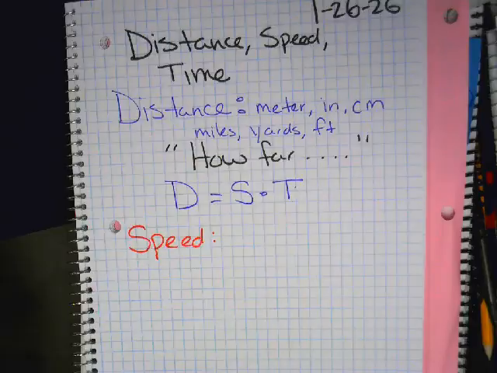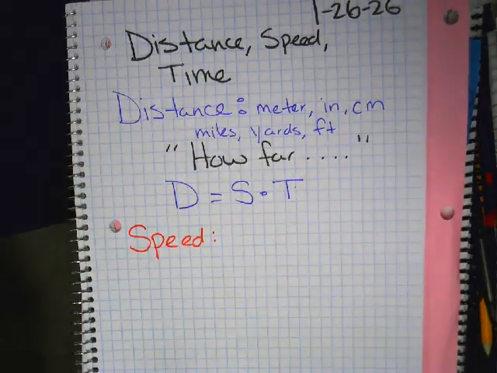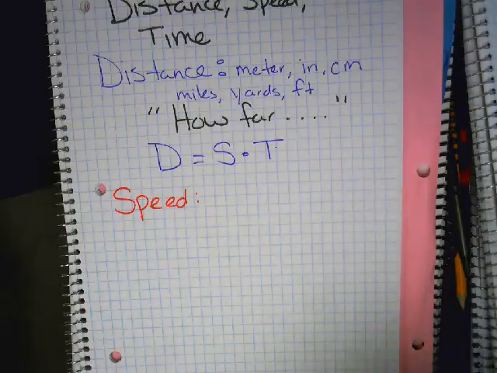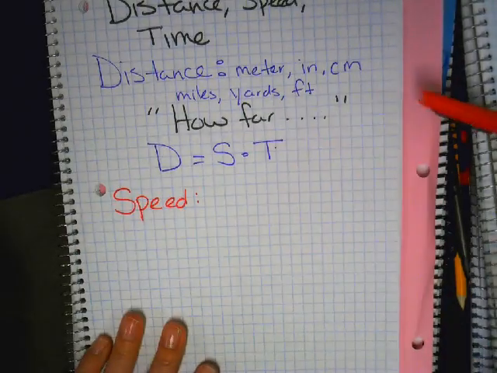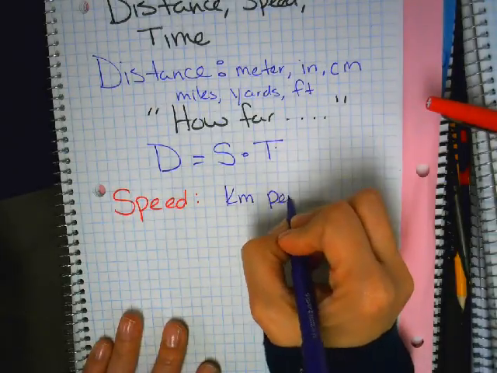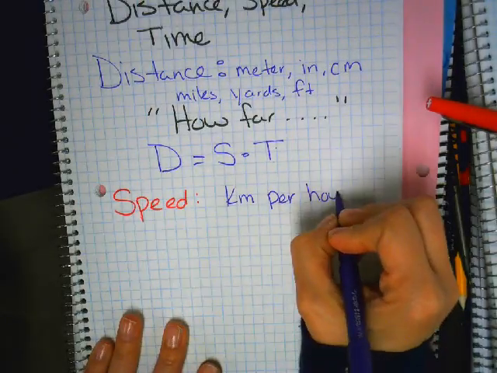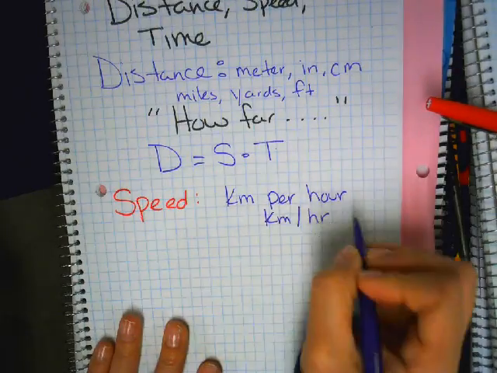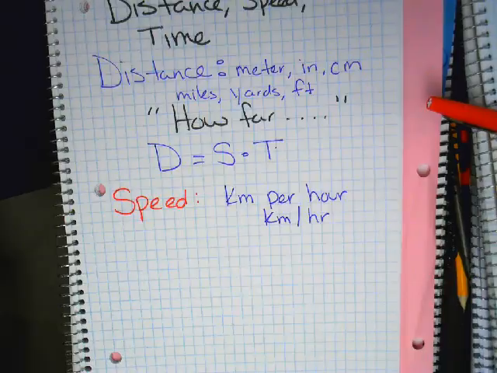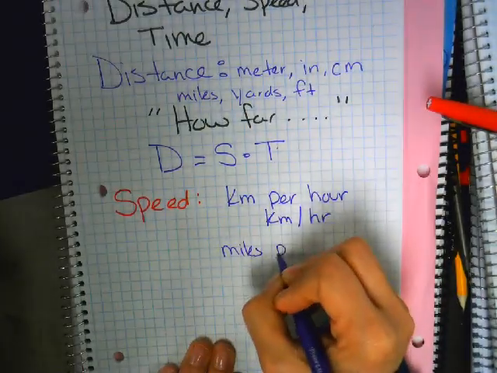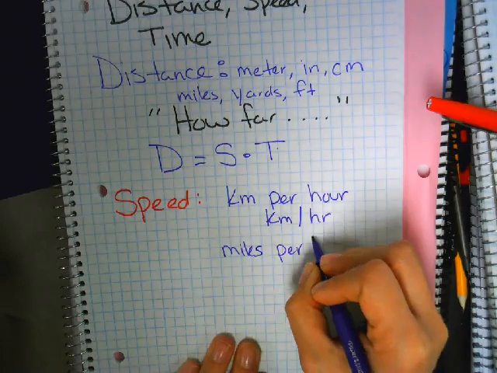Now, the next one that we're going to talk about is speed. How do I measure speed? What units do I use for speed? Kilometers per hour would be the one that we use outside the United States. Which one do we use in the United States? Miles per hour.